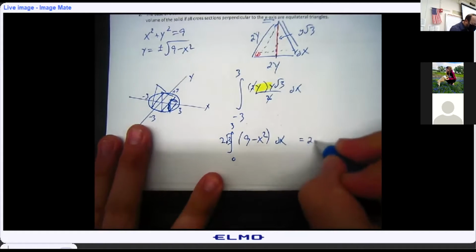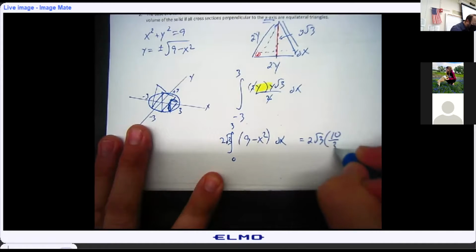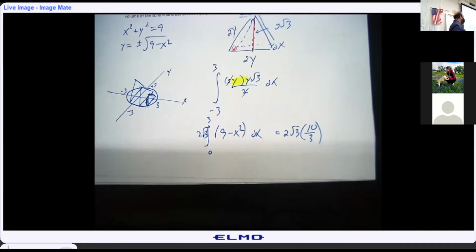Because you guys know how to integrate basic problems like this, I'm not going to take the class time to have you literally plug those things in one at a time. So what's the actual volume of this thing? Isn't that 20 roots of 3 over 3?